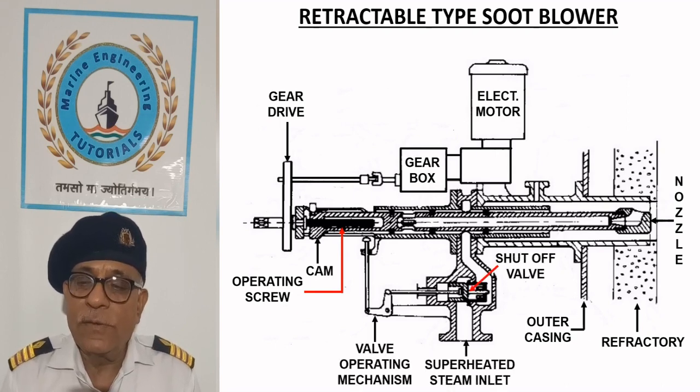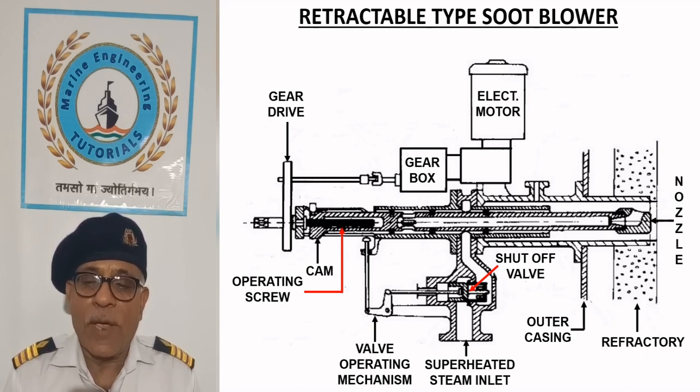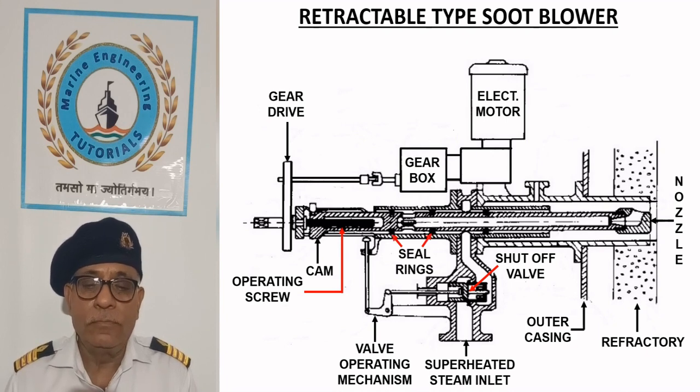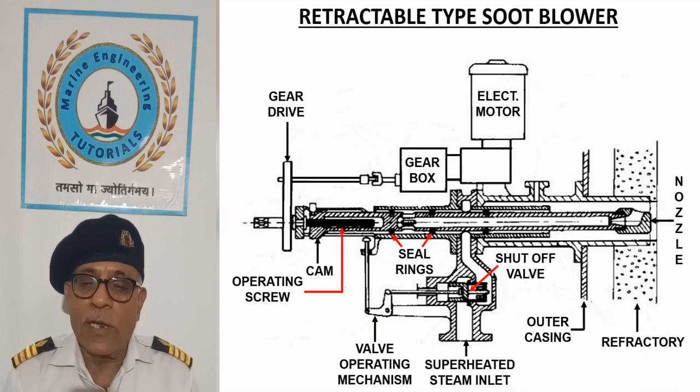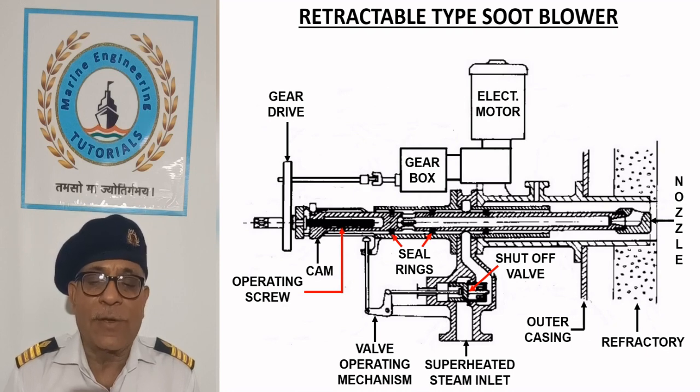When the cam reaches its end position, it pushes the valve operating mechanism and opens the shut-off valve to admit the superheated steam. Seal drains prevent the leakage of steam and facilitate the entry of steam into the annular space through admission ports which coincide with the steam inlet.